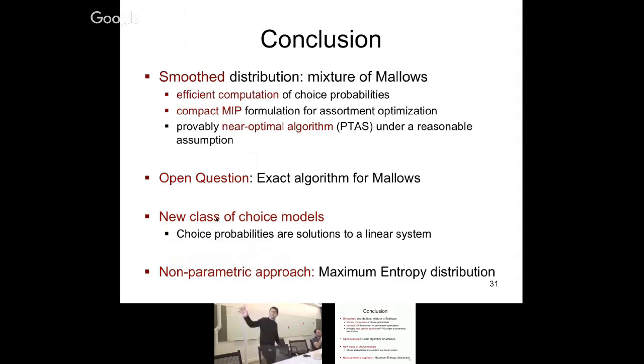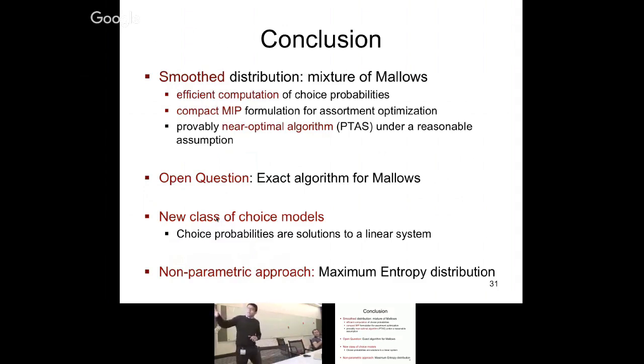I still think exact assortment optimization over a mixture of Mallows would need some assumptions. Even a mixture of two Mallows might be NP-hard, but a single Mallows might be doable. That's something we are still trying to push.